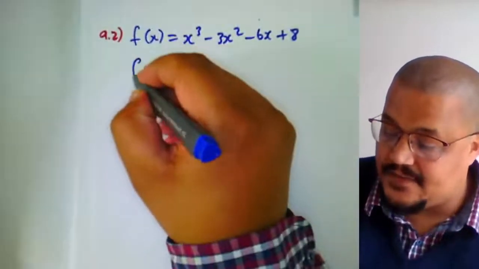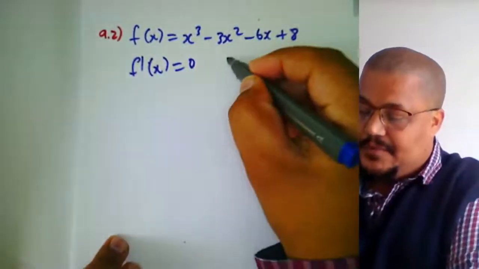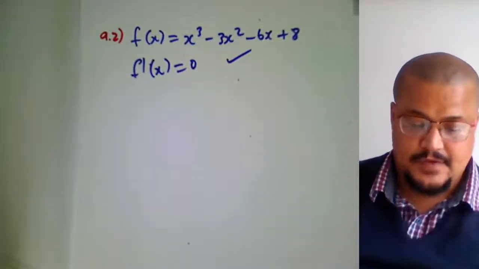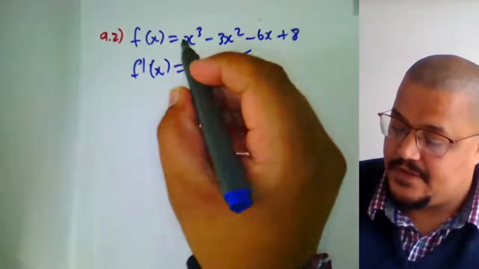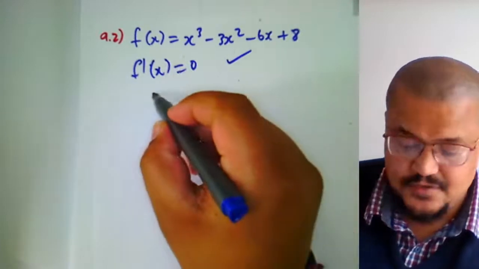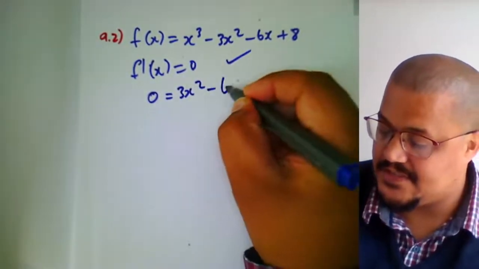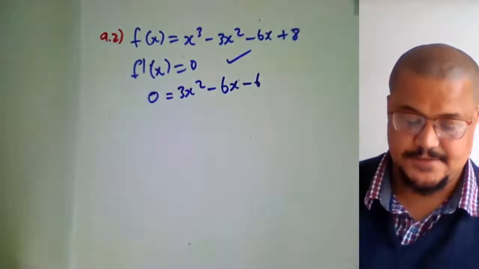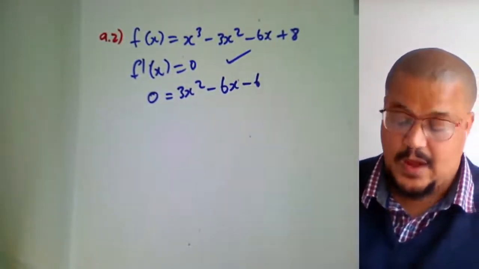So the first derivative, we make it equal to 0. This will be a mark, so you have to do that. Okay, and the first derivative of that, if I apply the power rule, will then be 0 equals 3x squared minus 6x minus 6. Okay, so now that's my first derivative, and from this I will now simplify.